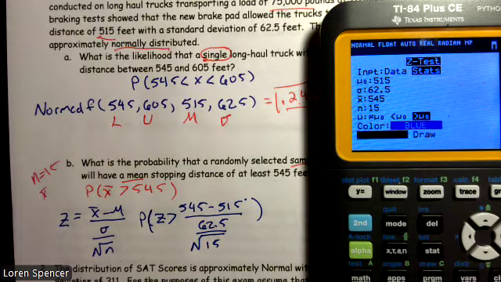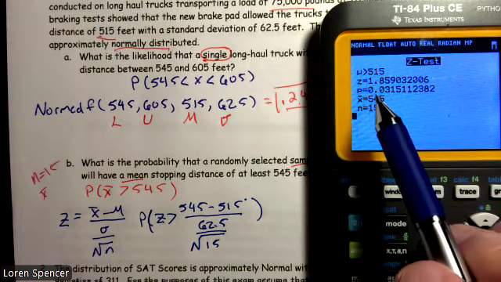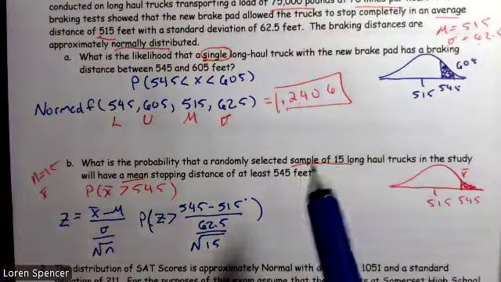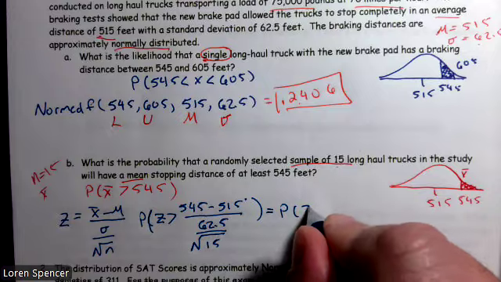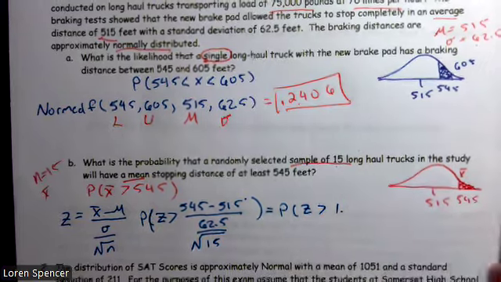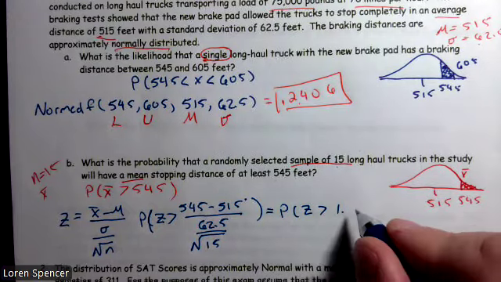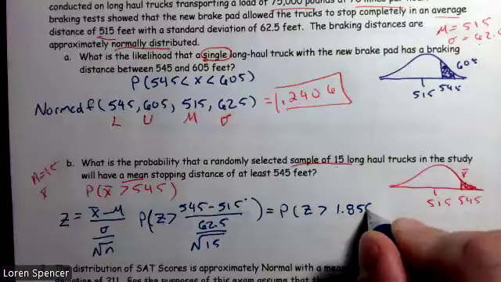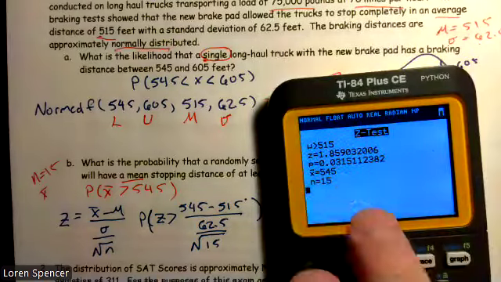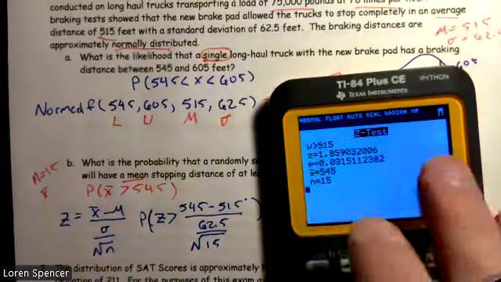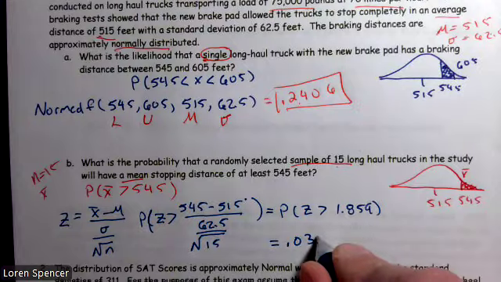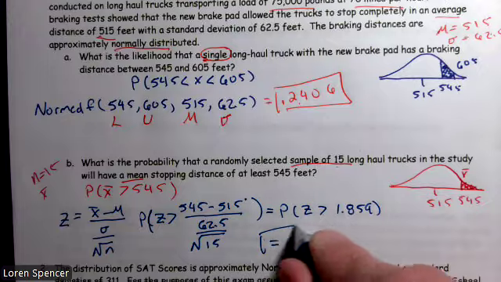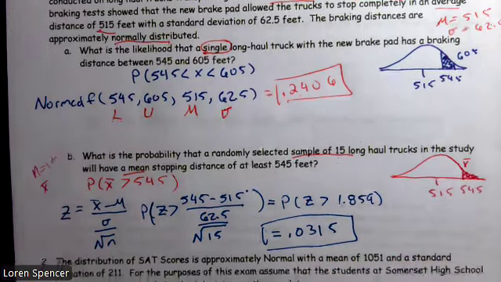Make sure we have that highlighted right. And we have the probability that z is greater than 1.859, and that equaled 0.03, so less than 3%, equals 0.0315. We can box that answer, and that's our answer for that problem.